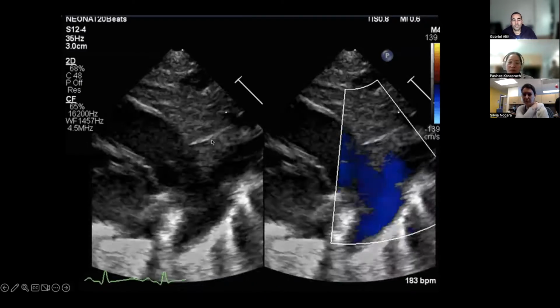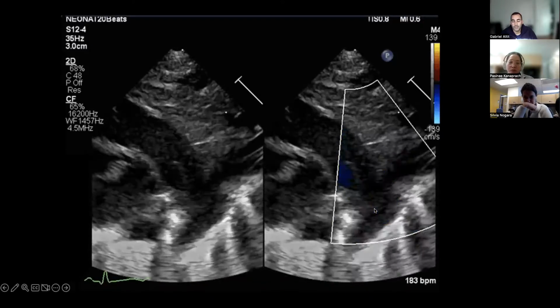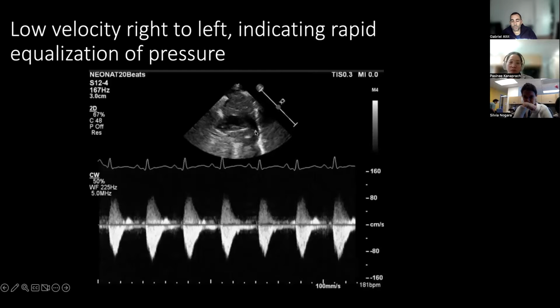So again, we see here in 2D the duct, we can measure it at the pulmonary end, and you can see that it's completely right to left. And when you put the CW through it, you can see that it's right to left throughout the cardiac cycle, both in systole and in diastole. And it's pulsatile. So it allows this pulsatile flow, but in the other direction, in the right to left direction.